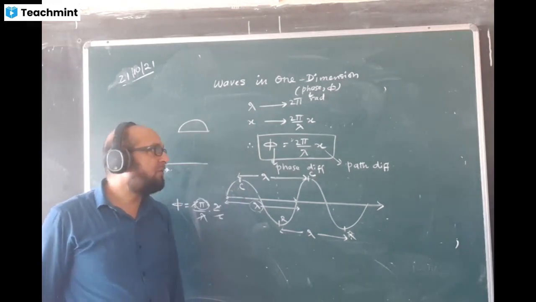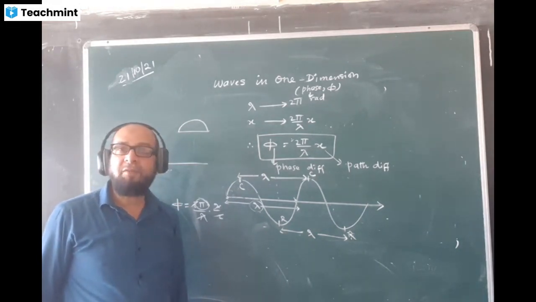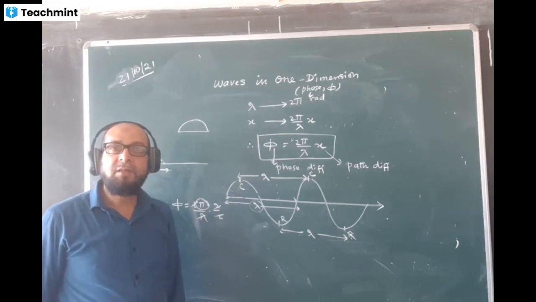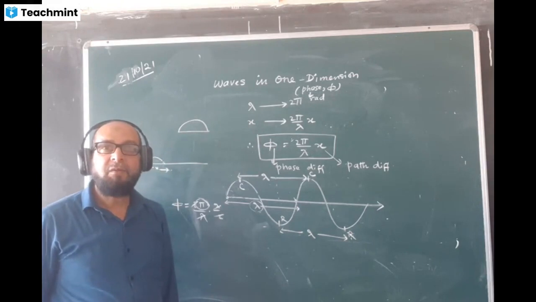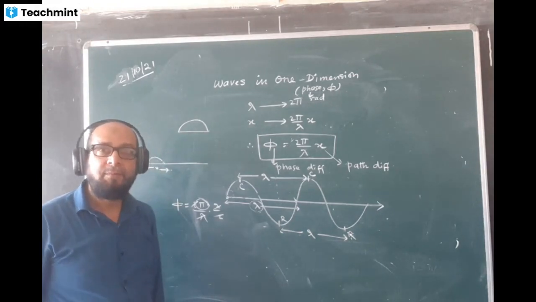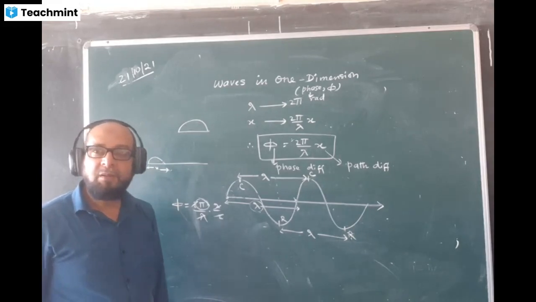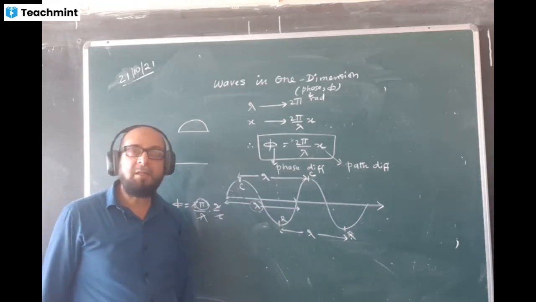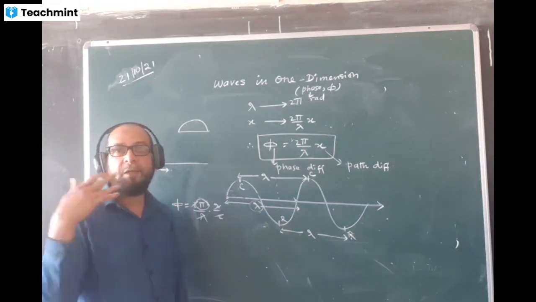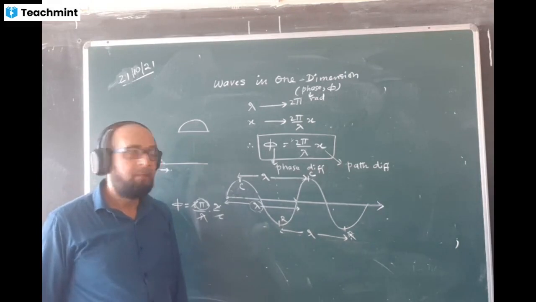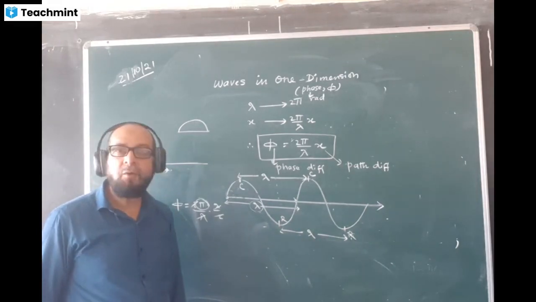Longitudinal wave consists of compressions and rarefactions, whereas transverse wave consists of crests and troughs. In transverse waves, the medium particle vibrates in a direction perpendicular to the propagation of the wave. Understood? Yes.